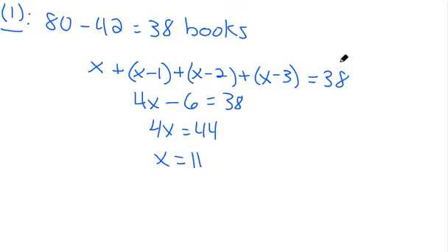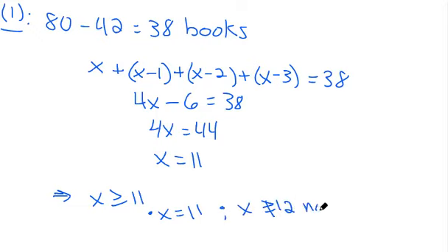Now this represents the least amount of books Marlon could donate, so X must be greater than or equal to 11. If X is greater than or equal to 11, it's not necessarily greater than or equal to 12. If, say, X is 11, then X is not greater than or equal to 12, so our answer to the question would be no. But if X is equal to 12, then X would be greater than or equal to 12, and the answer would be yes.